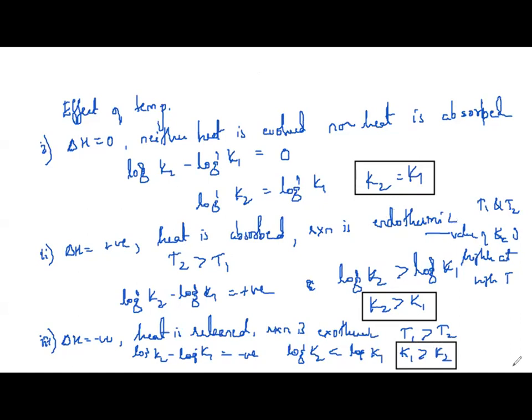We come across three conclusions from these three effects. The first conclusion is, regarding the effect of temperature, the equilibrium constant remains the same at all temperatures when delta H is 0.